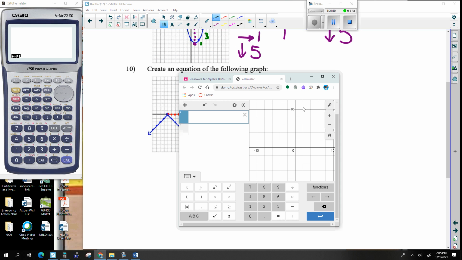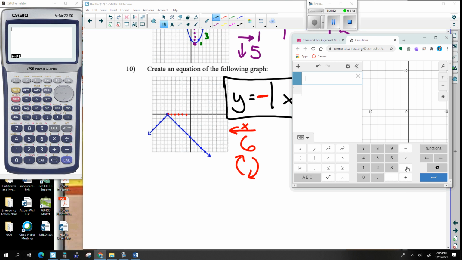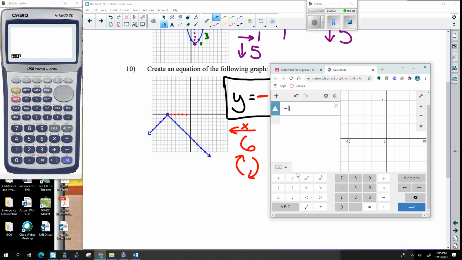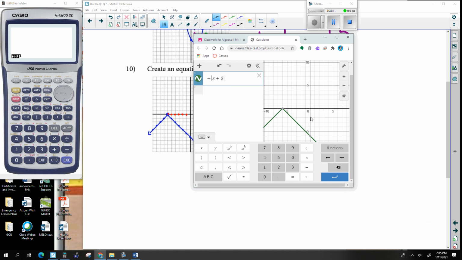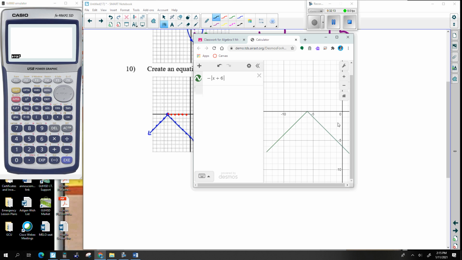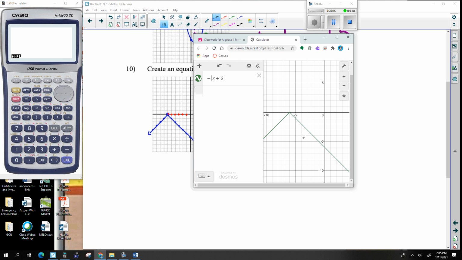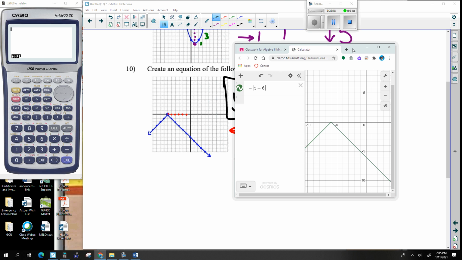So let's just type it in. So we go negative absolute value, which is this absolute value here, and that is going to be x plus 6, close that absolute value, and hooray. Does that look the way that it's supposed to look? Yeah, that looks exactly how it's supposed to look. -6. Very good.